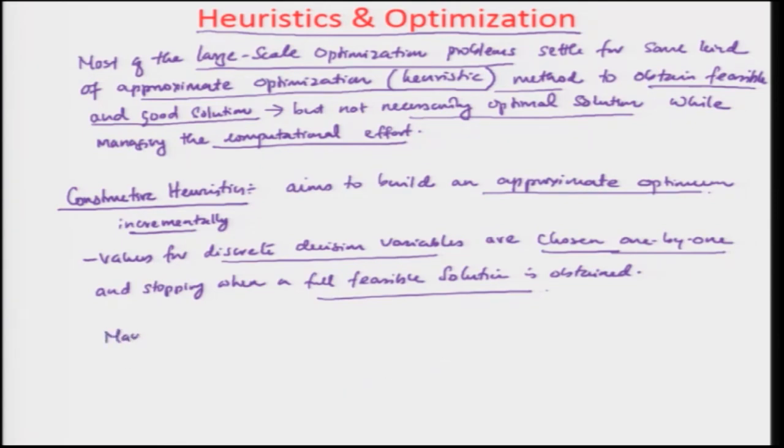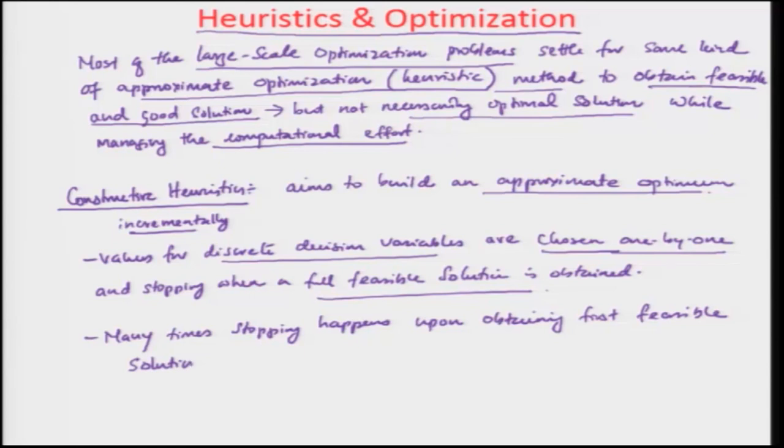Many times, many algorithms stop upon obtaining the first feasible solution. Okay. So, many times as soon as you get your first feasible solution, you stop. Sometimes it happens in a single pass, and some people call it single pass or one pass heuristics.